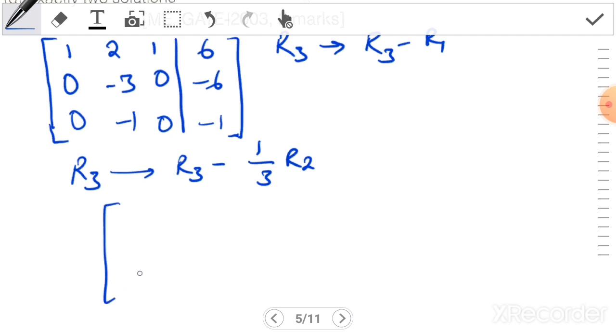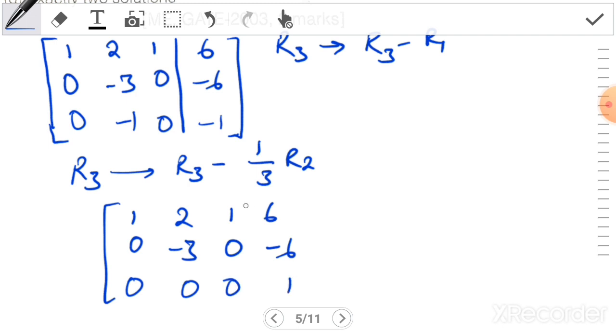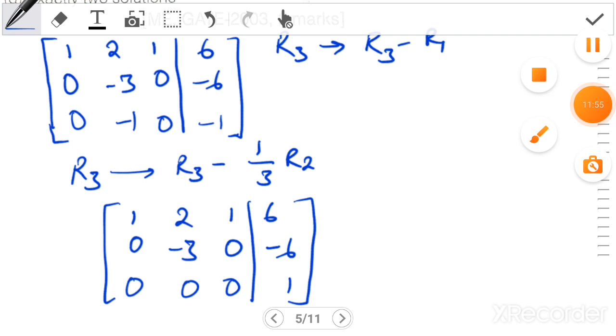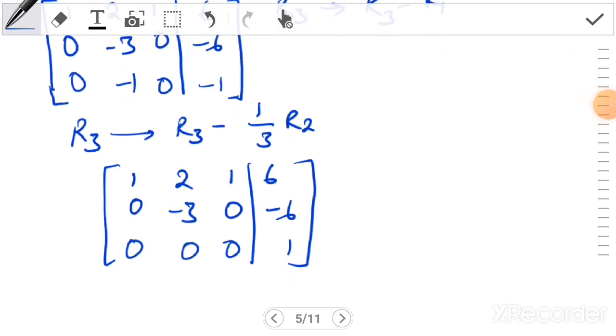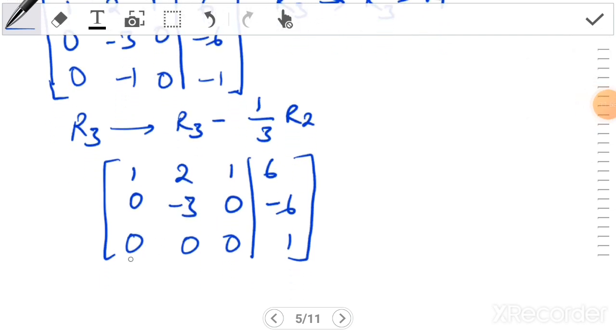We will get 1, 2, 1, 6, 0, minus 3, 0, minus 6, 0, 0, 0, 1. So we have one complete row 0 in the original matrix.